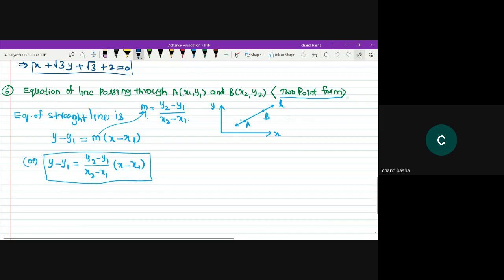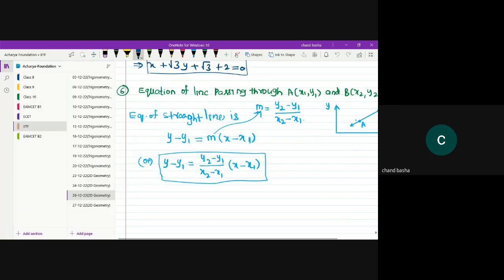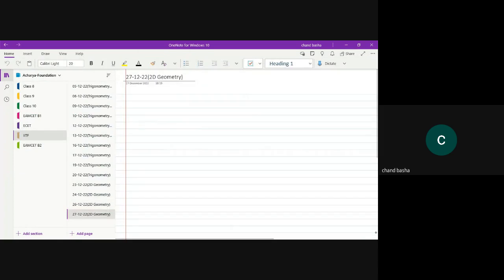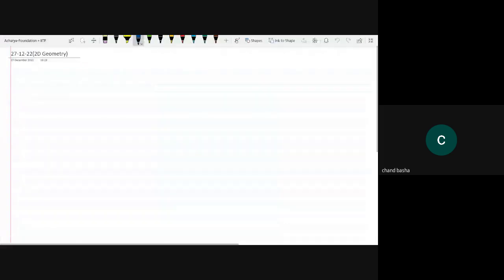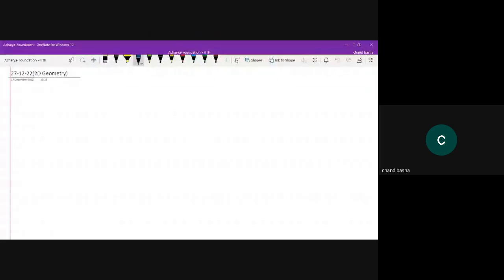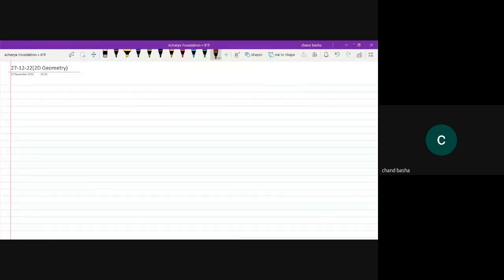Let's move to the problems related to this concept today, and we'll try to extend a few more points. Today's concept, problem number 1. What is the concept I have given to you? 2-point form.